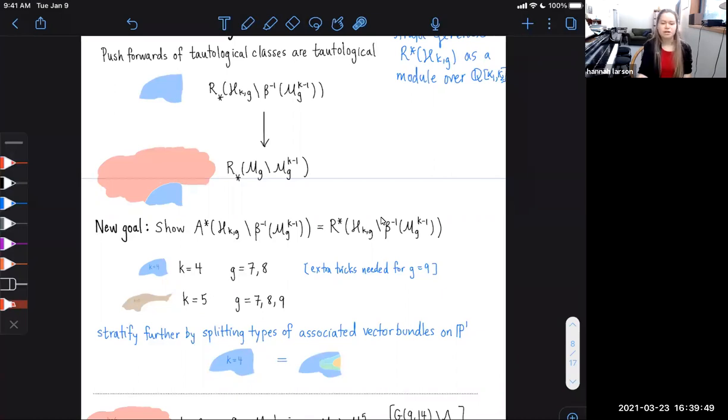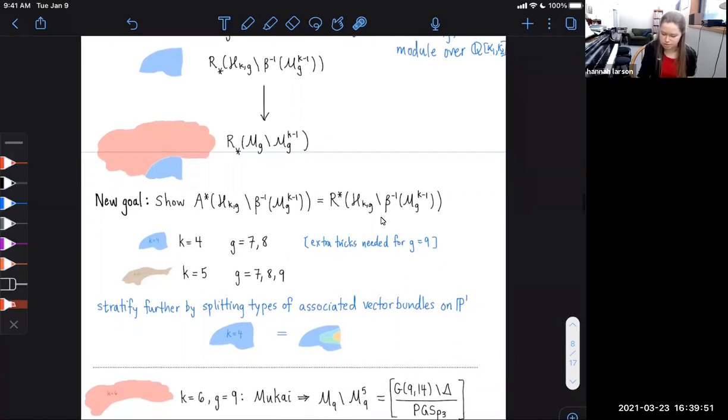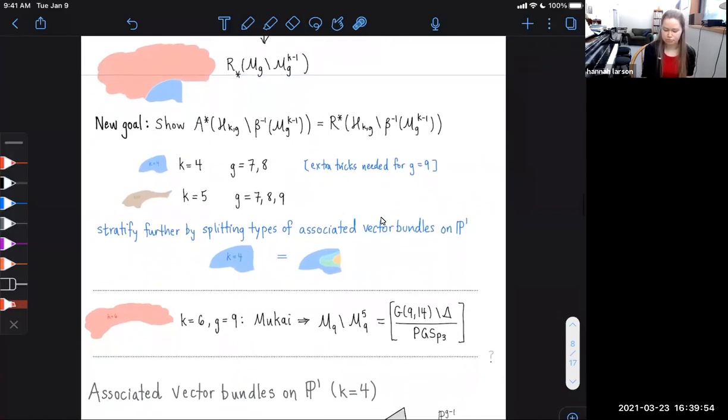So you might be curious, how did we get this last stratum when the genus is 9 and the gonality goes all the way up to 6? And for this, we had a rather different flavor of argument. There's some work of Mukai, which shows that this stratum of hexagonal genus 9 curves is actually a quotient of an open subset of a Grassmannian by a projective symplectic group action.